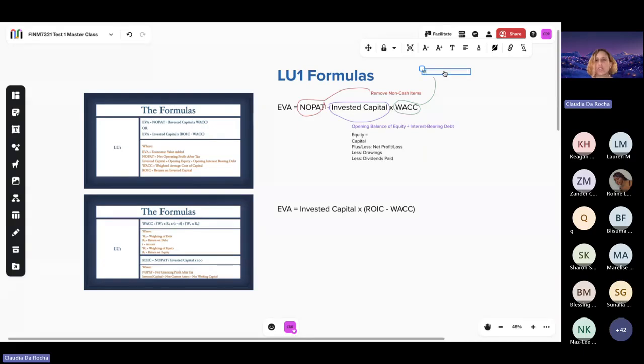Just to remind ourselves what the WACC formula is: it's the weighting of debt times the return on debt times 1 minus the tax rate, plus the weighting of equity times the return on equity.